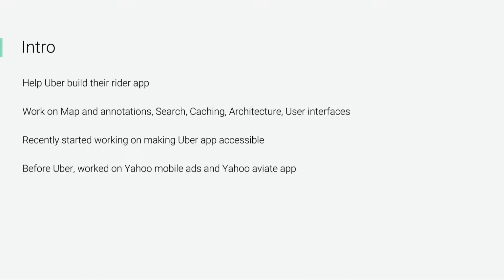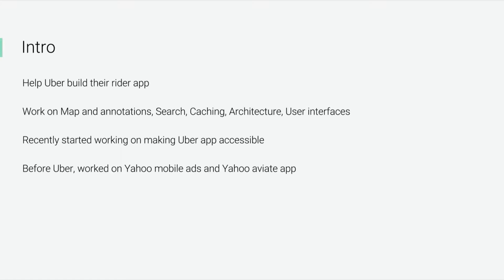But recently, I started working on accessibility, trying to make the Uber app more accessible to people with disabilities. And I got inspired by the stories that I hear from users with disabilities at a conference called CSUN, a conference about accessibility and assistive technologies.